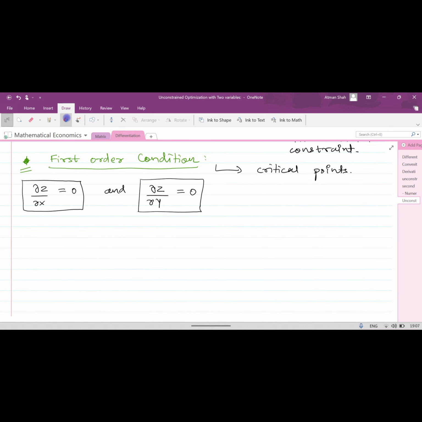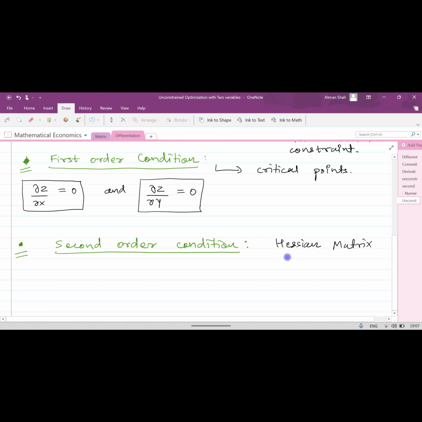Now let's understand the second order condition. To understand the second order condition, we need to understand the concept of the Hessian determinant or Hessian matrix. How do we form the Hessian matrix?